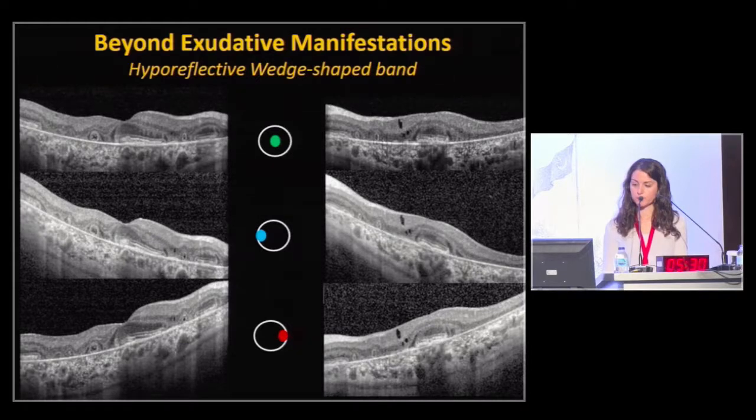It's also important to know that those correspond to the Henle fiber layer going down to touch Bruch's membrane, so it's not fluid at all. And depending on the tilting or the direction that we use in order to acquire the OCT, we are going to have changes in the visualization of this wedge-shaped band.